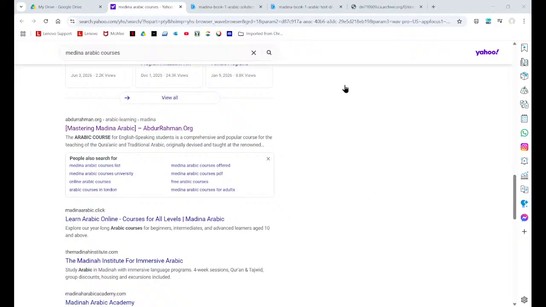And there's some other beneficial PDFs here. This is the Arabic solutions. This is the English key. There's one in Urdu. There's a DVD. I don't know what this is. There's some questioning handouts. I haven't really gone through these. I've just done the exercises from the book.